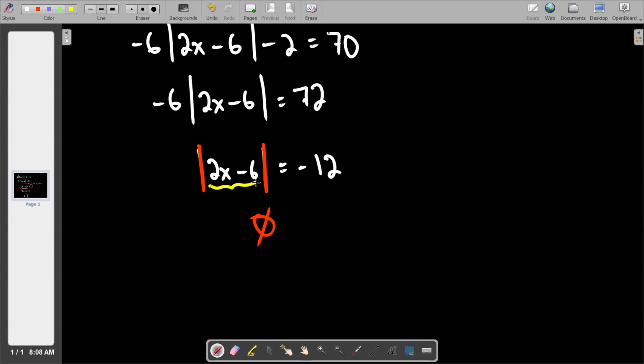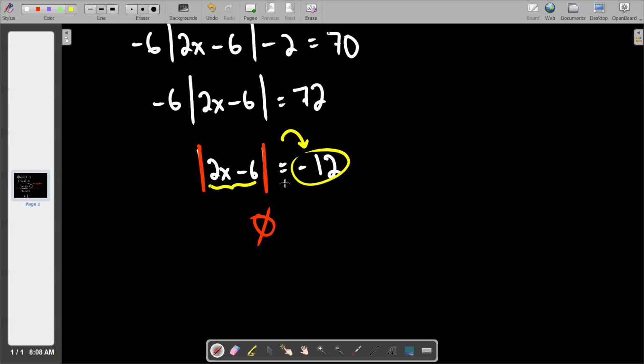Never in a trillion years is that red machine ever going to say, here, I spit you out an answer and it's negative 12. Absolute value as a machine does not give out negative answers ever. Never. Because the absolute value is trying to equal negative 12, any work you do after this is technically incorrect. You need to stop right there, say no solution, go to the next one.